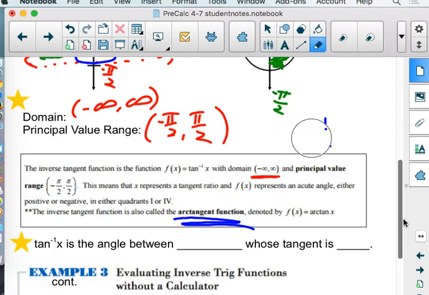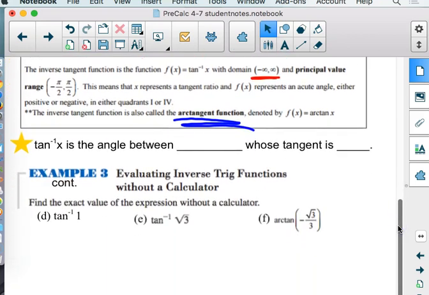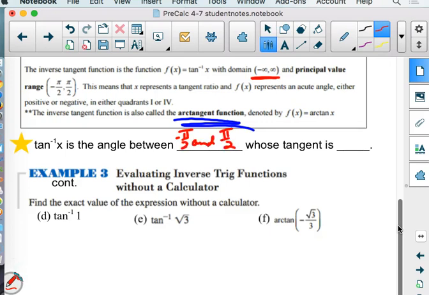But the -1 right after sine, cosine, or tangent just means it's the inverse. That's what we're looking for. So inverse tangent is the angle between, where are we going for PVR? -pi/2 and pi/2, whose tangent is x, theta, whatever we have. In this case, it said inverse tangent of x, so its tangent is going to be x.